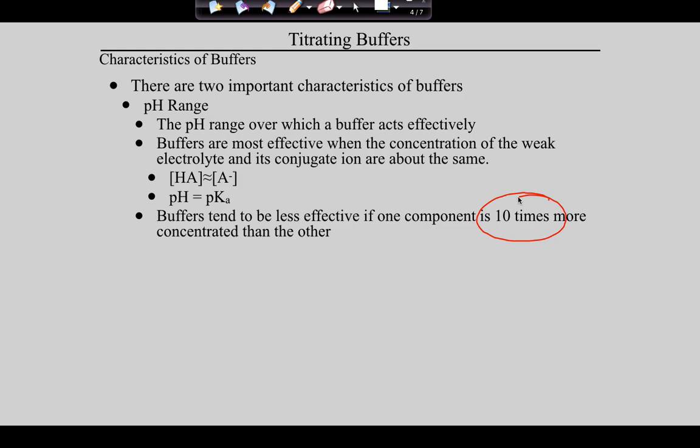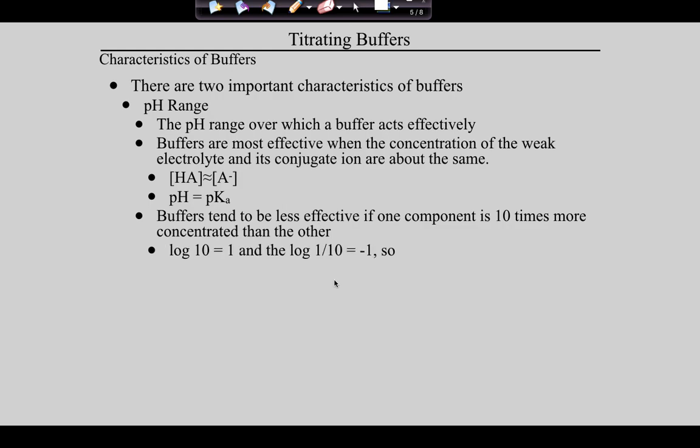So guys, if the concentration of your weak acid and your conjugate ion get different by more than a power of 10, then that buffer tends to be susceptible to breaking, and we don't think of it as being functional.